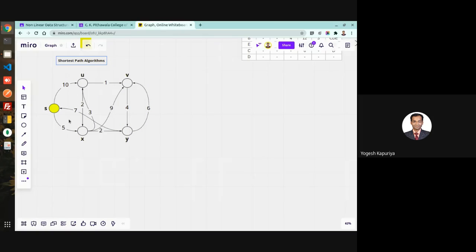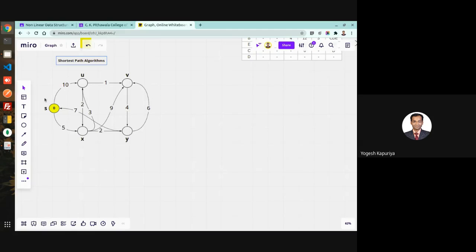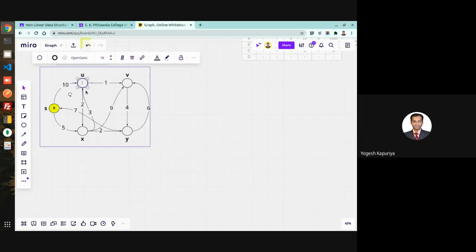In the first iteration, I will make sure that the shortest path from source to source is 0, right? Obviously, the shortest path from S to S is 0, and initially the shortest path from S to every other vertex is infinity, right? So this is my initial setup.